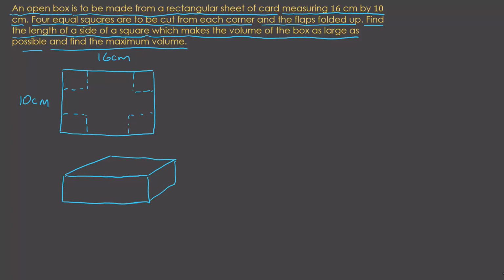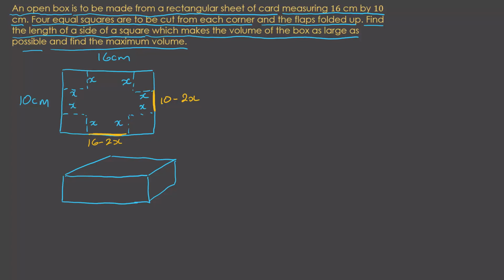So if I say that this is x, and these are all squares and they're all identical, so all of these are x, that means that this length here would be 10 minus 2x, and this length here would be 16 minus 2x.